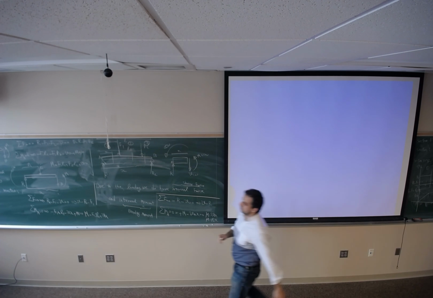So what is making the critical section is basically the bending moment diagram. So at which section are we going to have the greatest moment.